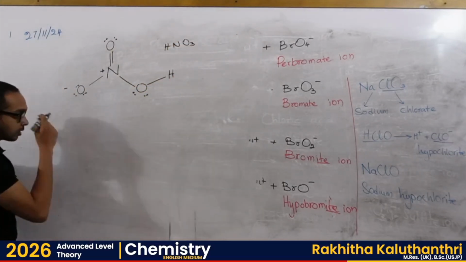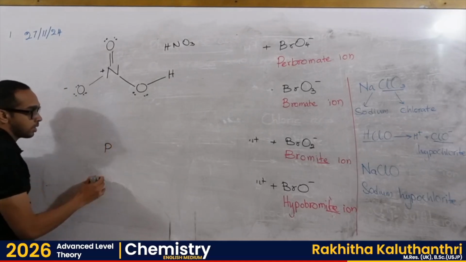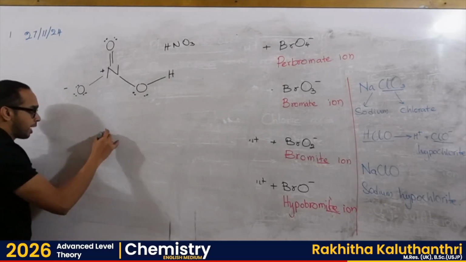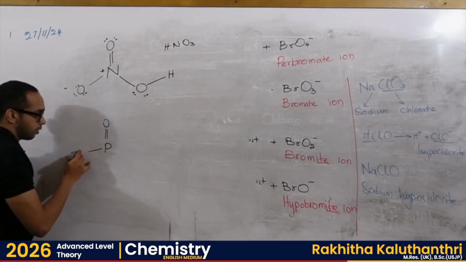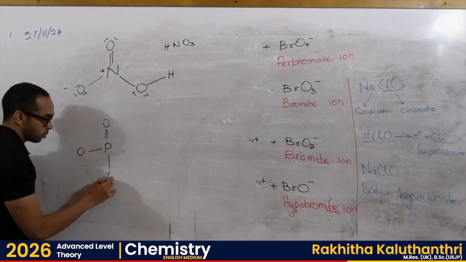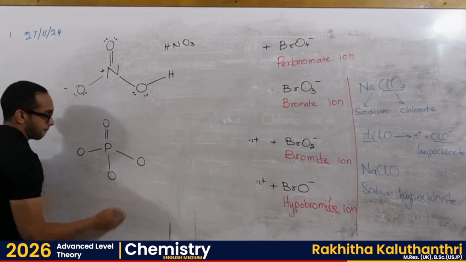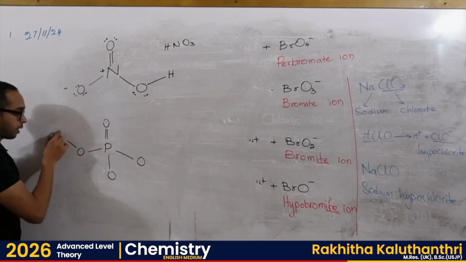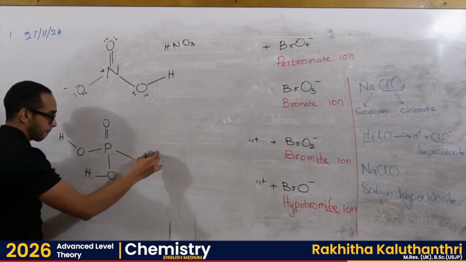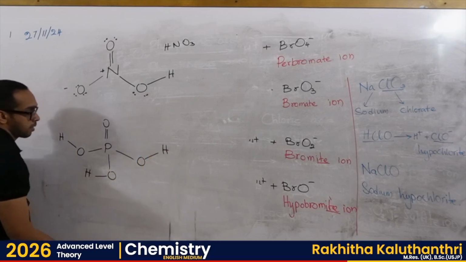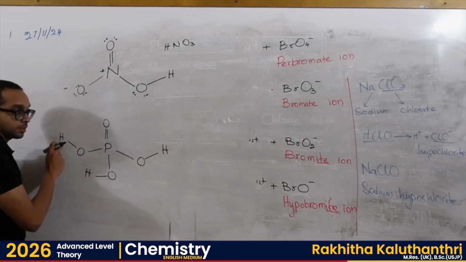If we take phosphoric, we have one double bonded oxygen here, and then other oxygens like so. We have hydrogen connected to each of these oxygens. These are ionizable hydrogens.